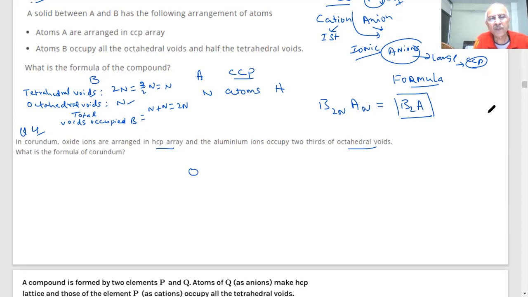They are arranged in HCP, and aluminium ions occupy, if there are n atoms of O, how many octahedral voids will be there? My question is, if n atoms are there, how many octahedral voids are there? That's all I am asking. Tell me.